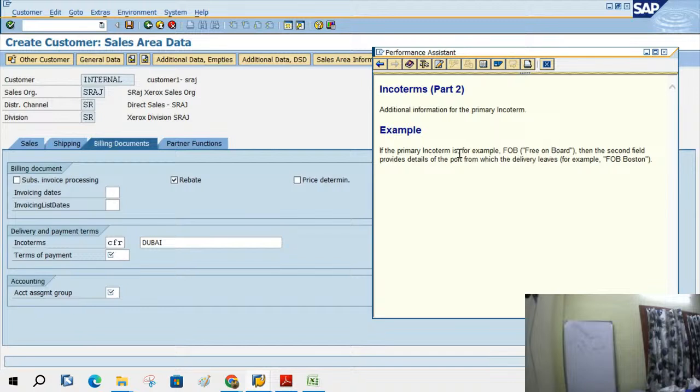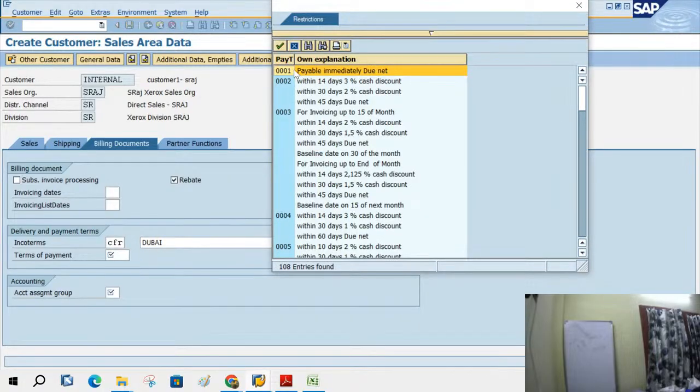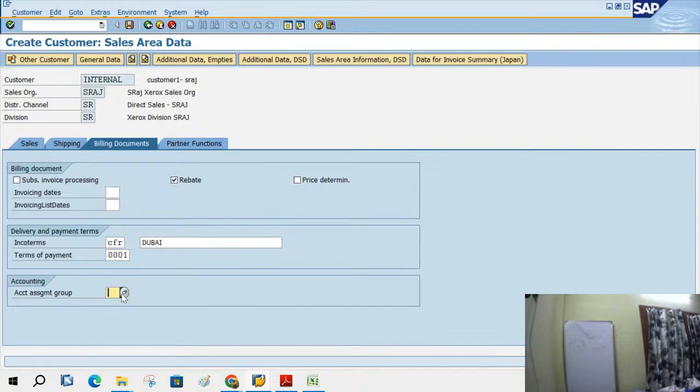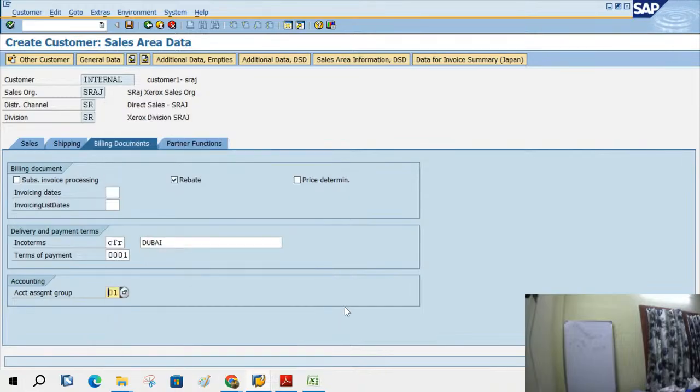In the first field you are writing the CFR. In the second field, you are writing the port of the delivery, like FOB Boston. Correct? CFR Dubai. Clear? And terms of payment, I am entering immediate 0001. You have created the enterprise structure in Dubai, Abu Dhabi, and then you have created the customer also, domestic. Clear?